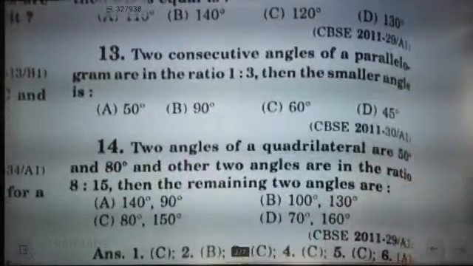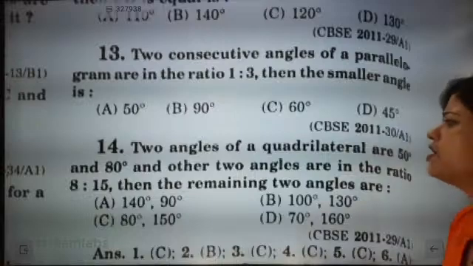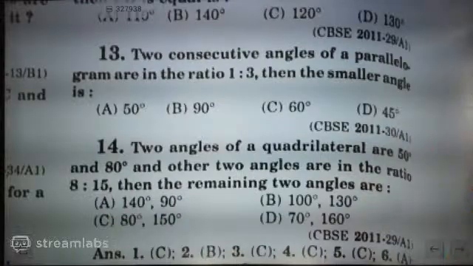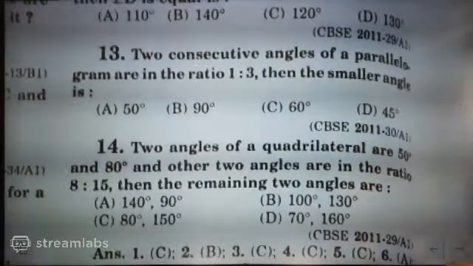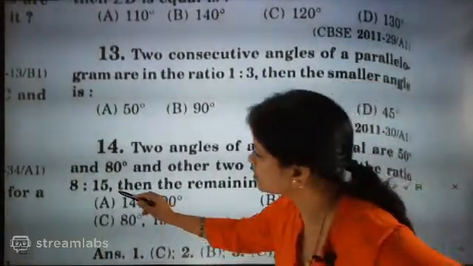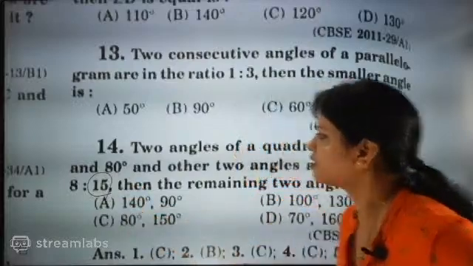Next is, the two angles of a quadrilateral are 50 degrees and 80 degrees, and the other two angles are in the ratio 8:15. Then the remaining two angles are... 50 and 80 is 130. Did I read it out correct? It is looking like 15 only to me.